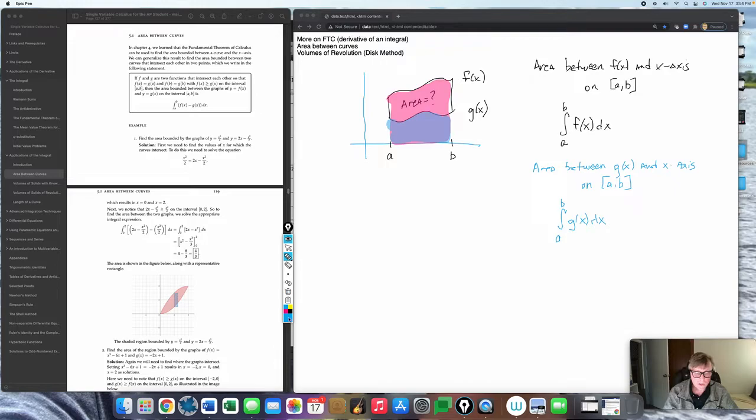So the area between curves is the difference between those. The area between f of x and g of x, and my pen is looking pretty horrible right now.